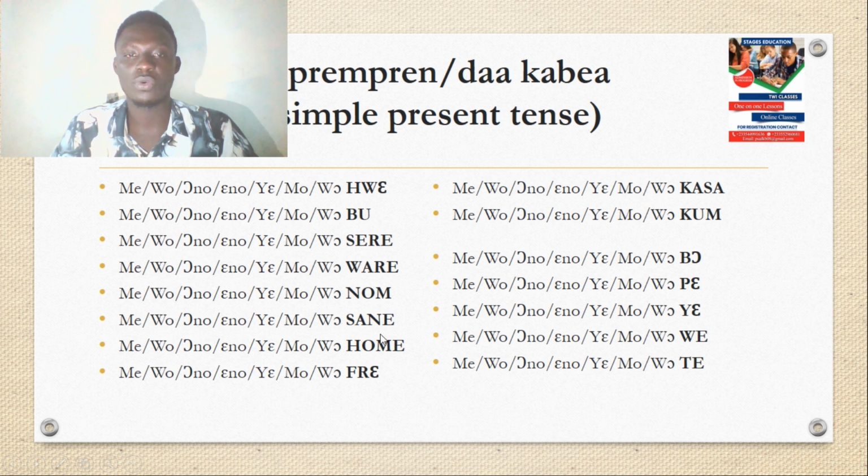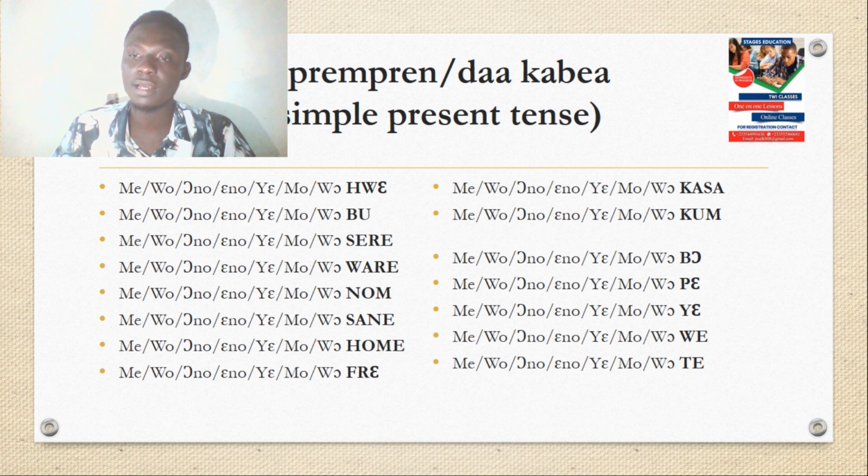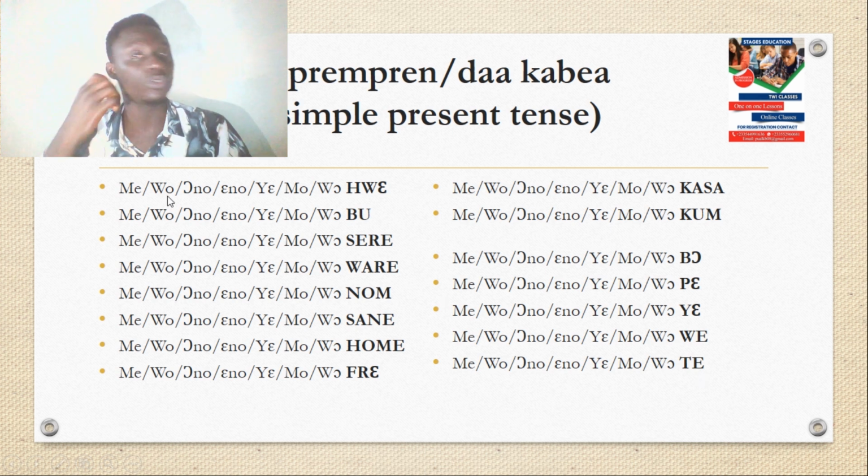Okay, so we have sane, that is to descend. Home is to rest, fre is to call, kasa is to speak or talk, kum to kill, bo to hit, pe to like, ye to do or make, re is to chew, then te is to pluck. So those are the verbs we are going to deal with in this context.